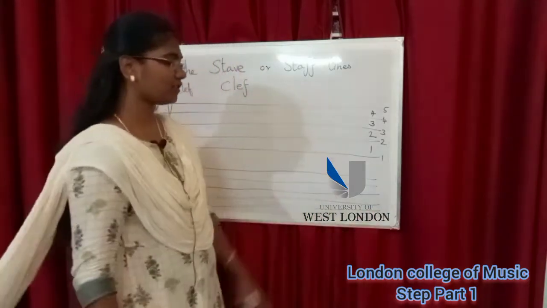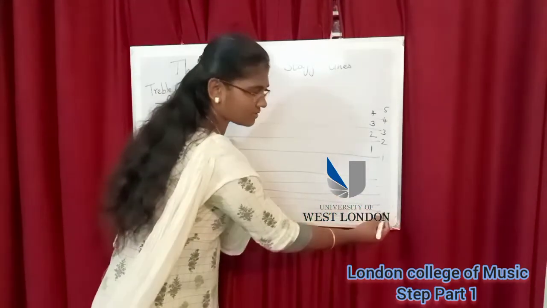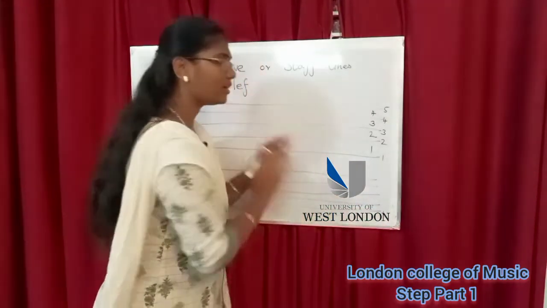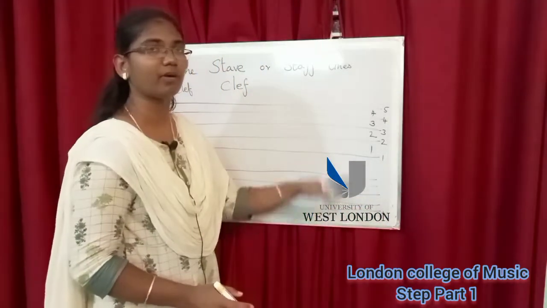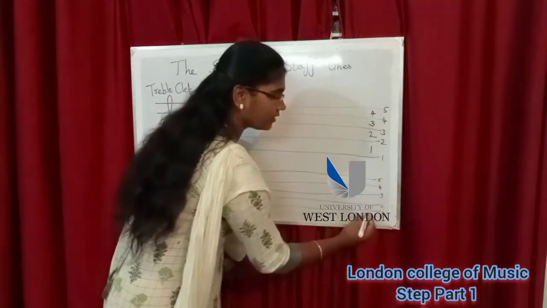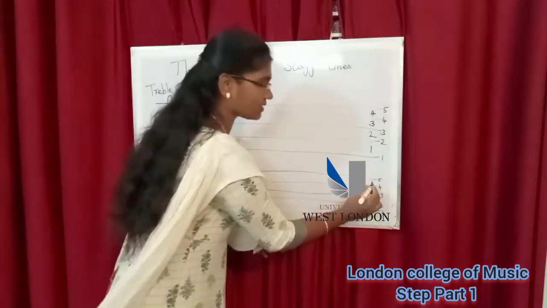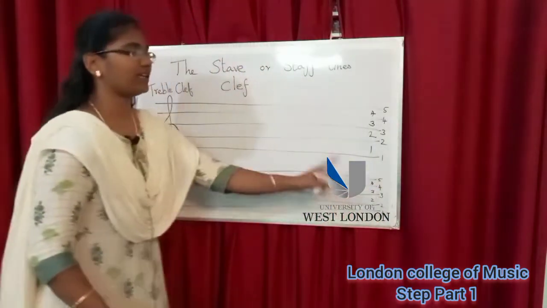Here also there are only 5 lines. Put the numbers for the lines and spaces, from bottom to top for both hands: 1, 2, 3, 4 and 5. The spaces are first, second, third and fourth, so 5 lines and 4 spaces.